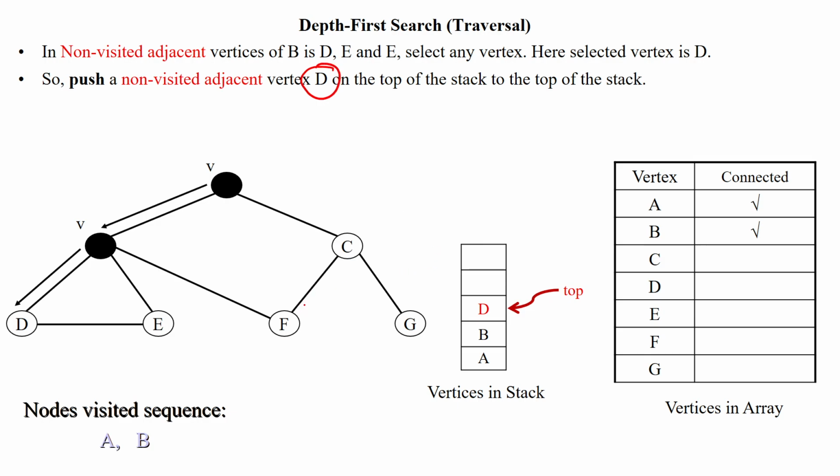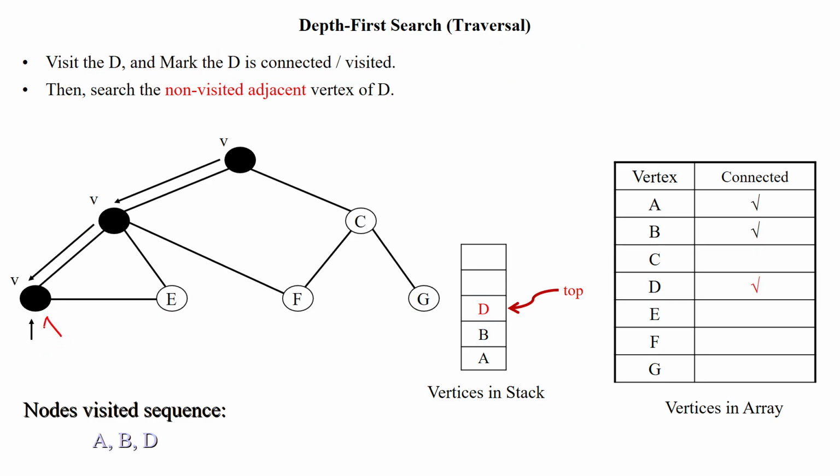This node is unvisited, so it is pushed into the stack. Then after pushing into the stack, we are marking that node as visited, so we are marking it as connected in the reference table. Then that is added to the visited sequence. Then again we are checking the adjacent nodes of D, which is on the top of the stack.